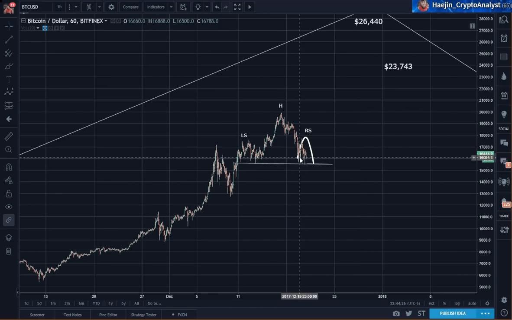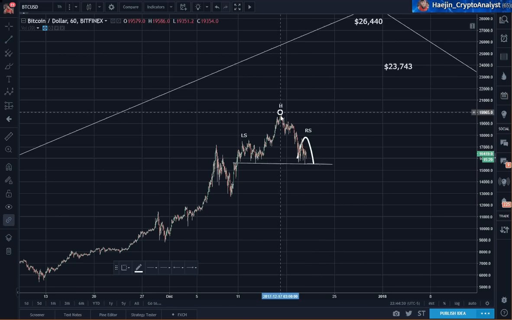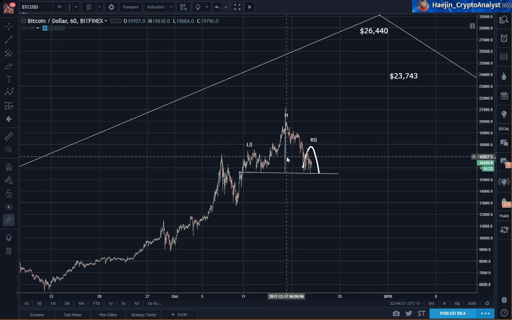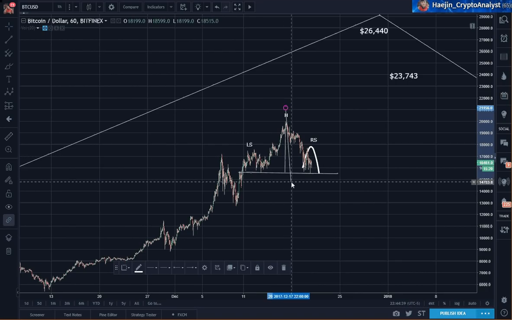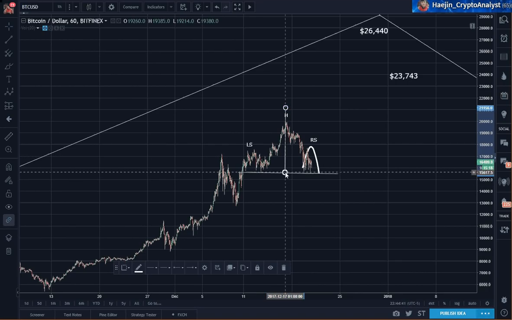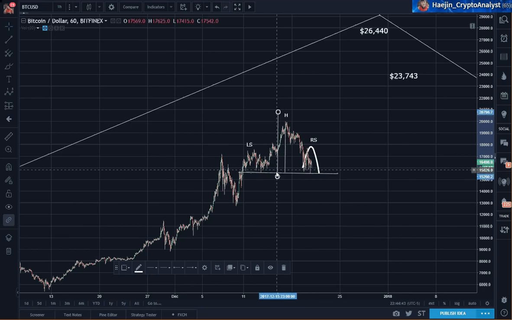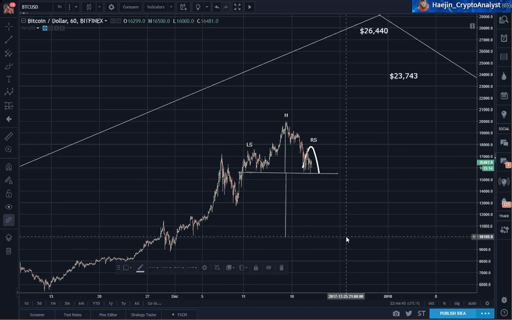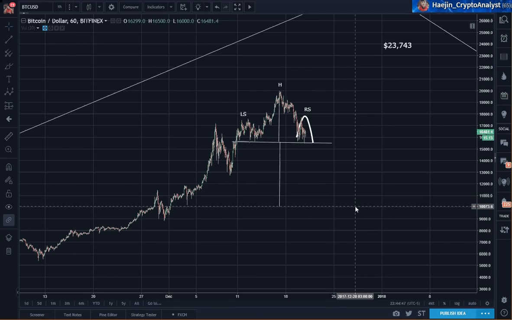Left shoulder, head, right shoulder. Then the minimum target for this, if this does transpire, would be 10,000.